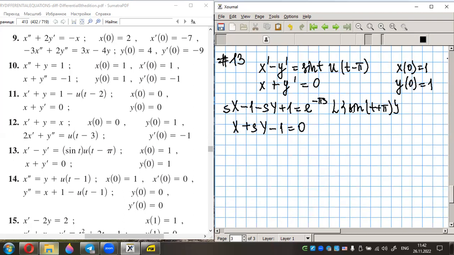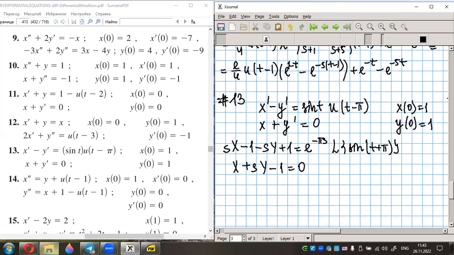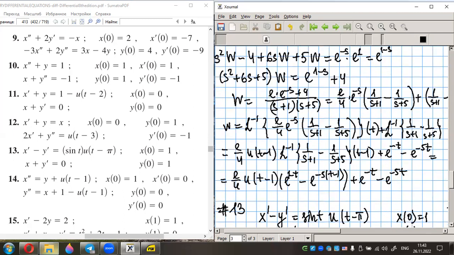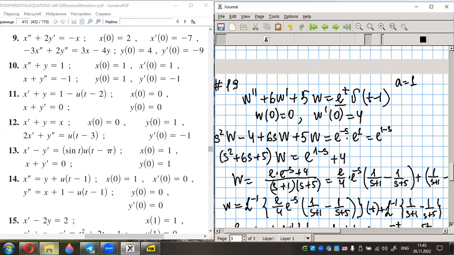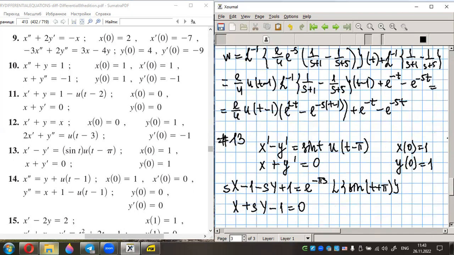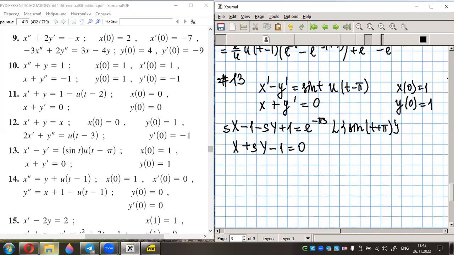How did you find this sin t u(t minus pi) transform? Here we use the formula. I think I wrote it before. Yeah, I remembered. Here we have f(t plus a), right? Yes.